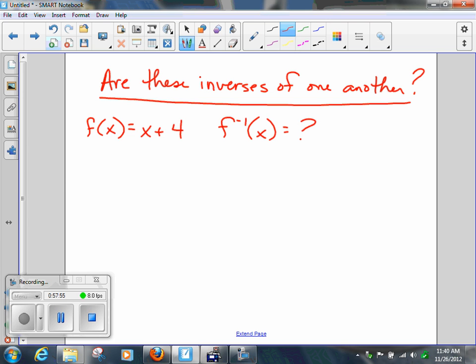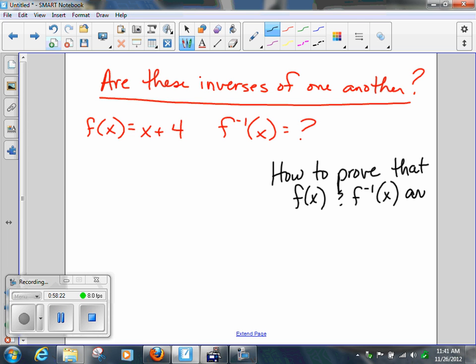Here's what you need to do, because you're going to be asked to do this. This is a word we love. I saw some of you roll your eyes. How to prove that f of x and f to the negative 1 of x are inverses of each other.